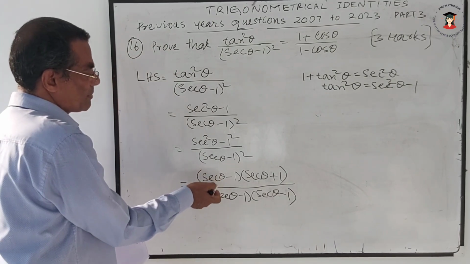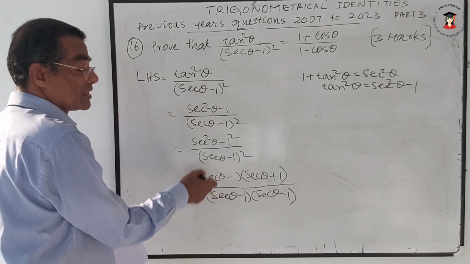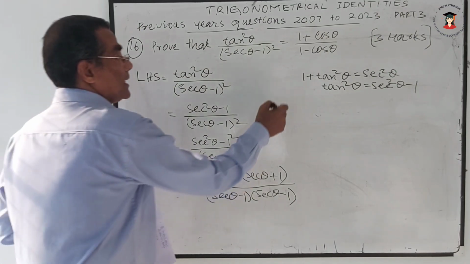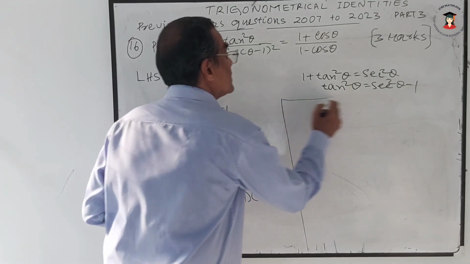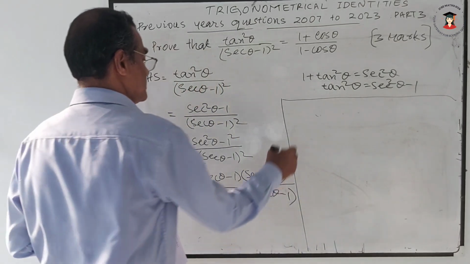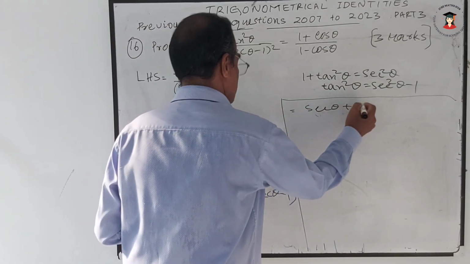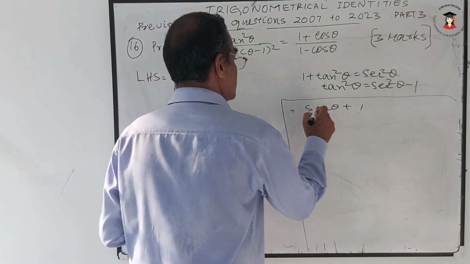See, this sec theta minus 1 and sec theta minus 1 will get divided and we will get 1. And the remaining is sec theta plus 1 divided by sec theta minus 1.